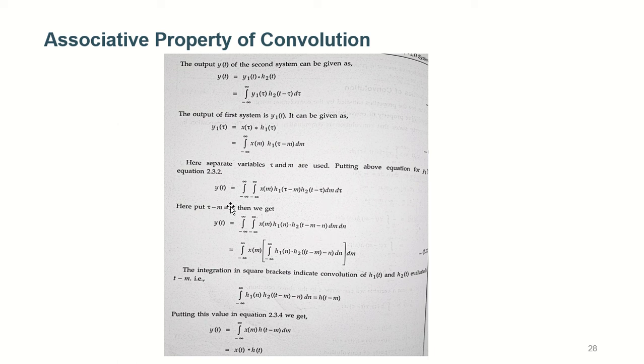Because instead of tau, can't we write its value? It will be n plus m, right? So here we will write t minus m minus n, dm dn. And again we will consider this interval only. First we will consider h1 of n h2 of t minus m minus n dn, and we will keep x of m and the other integral outside.